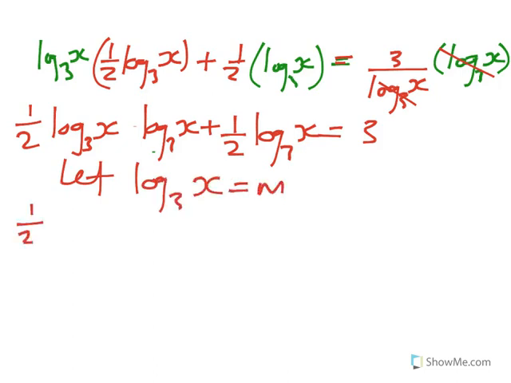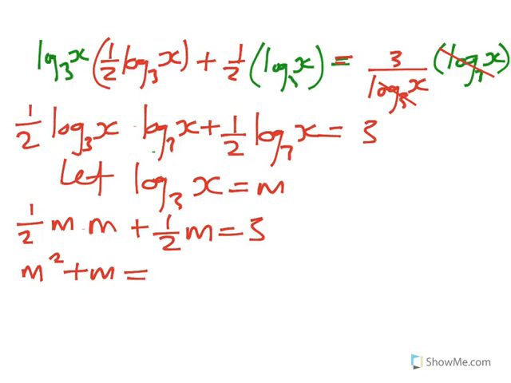So you're going to have 1 over 2 m squared plus 1 over 2 m is equal to 3. Multiply everything by 2, you're going to have m squared plus m is equal to 6. Remember, I'm multiplying by 2 by 2 by 2, so that you remove that. So you have got m squared plus m minus 6 is equal to 0.